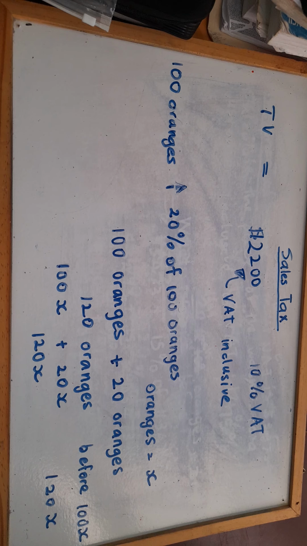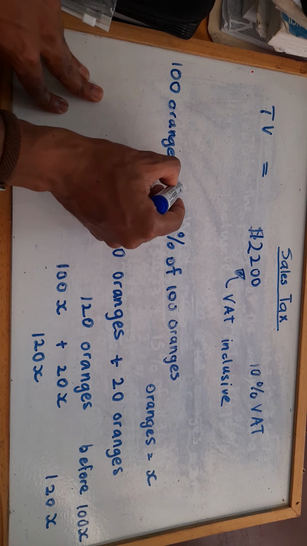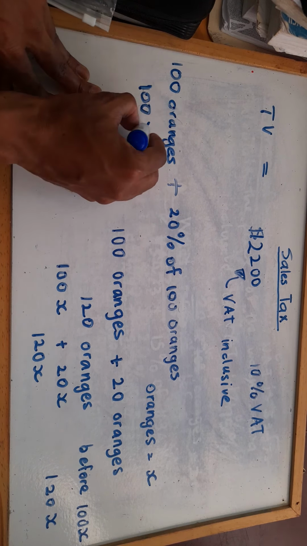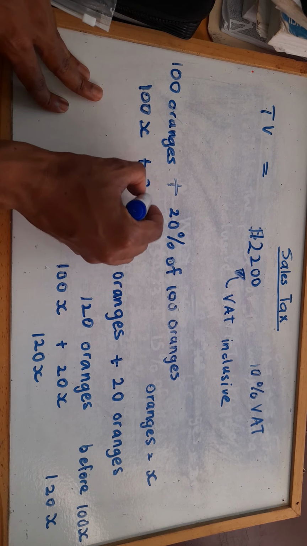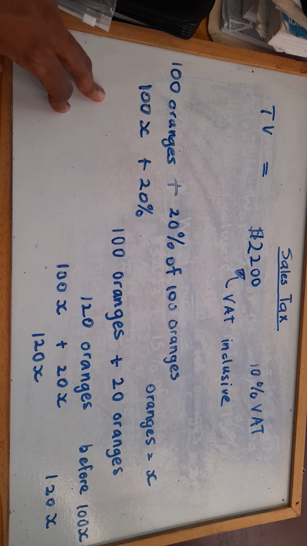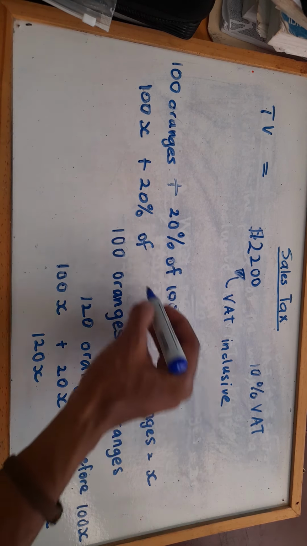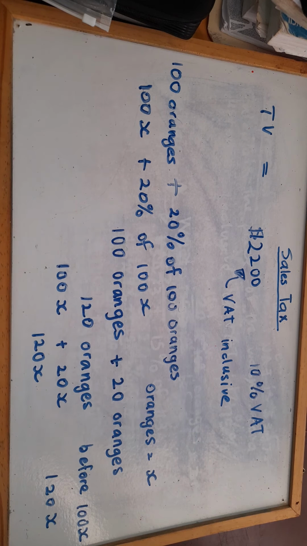Now I'll put x back into our equation. Instead of oranges, and instead of increase, I put plus. It'd be 100x is the same thing as 100x plus 20% of 100x.